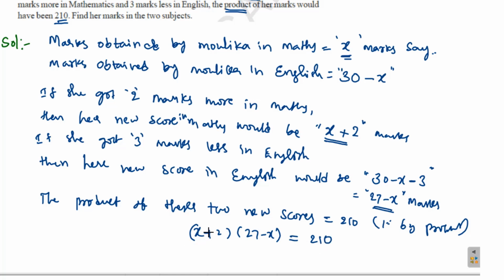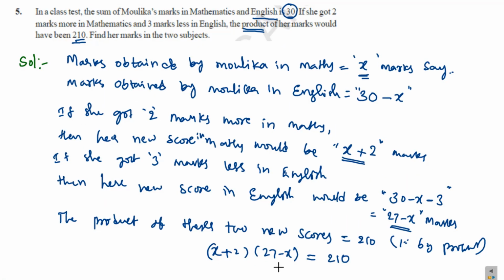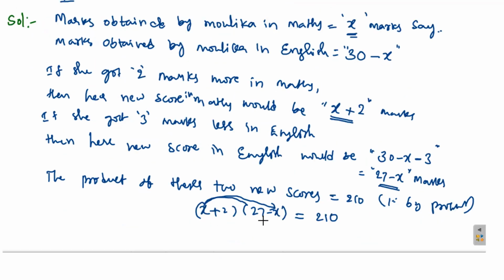Now we need to simplify this equation. For that, on the left hand side we need to multiply these two expressions. So by multiplying x into 27 we get 27x, and x into minus x we get minus x square, and if we multiply the second expression with 2, we get 2 into 27 is 54, and 2 into minus x we get minus 2x, which equals 210.